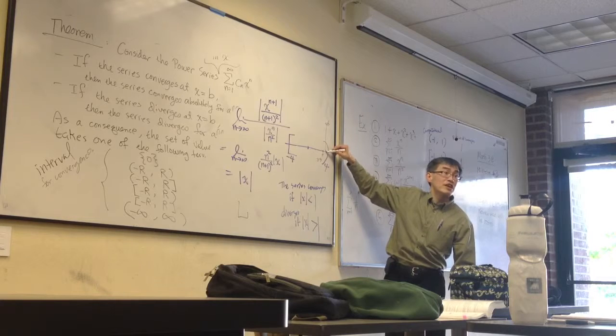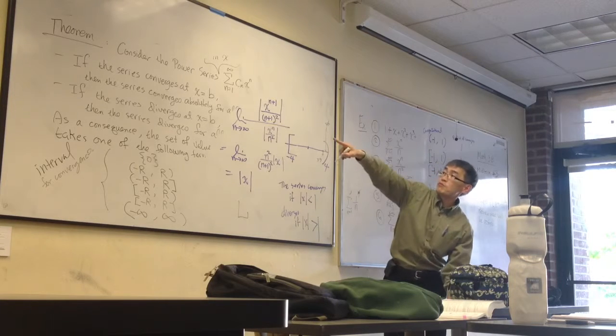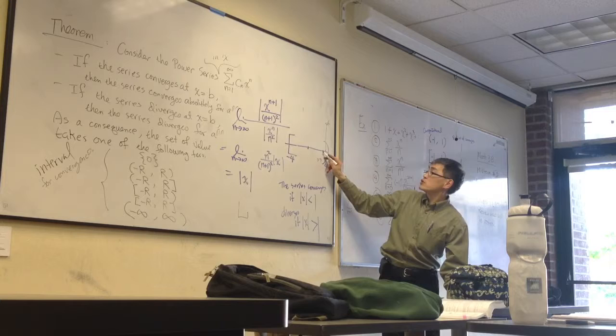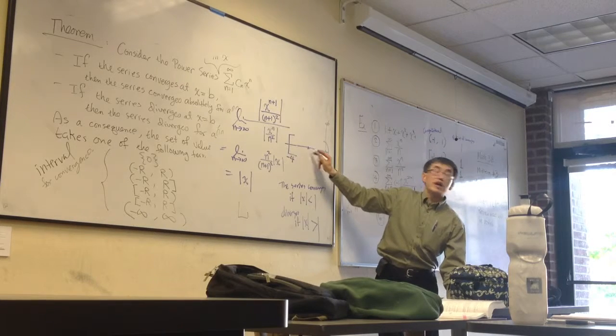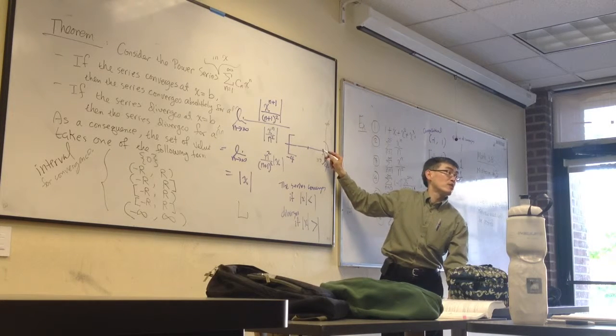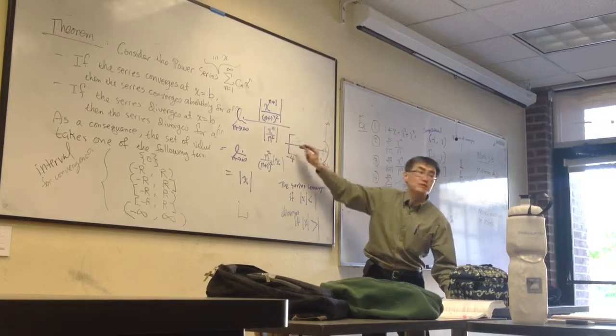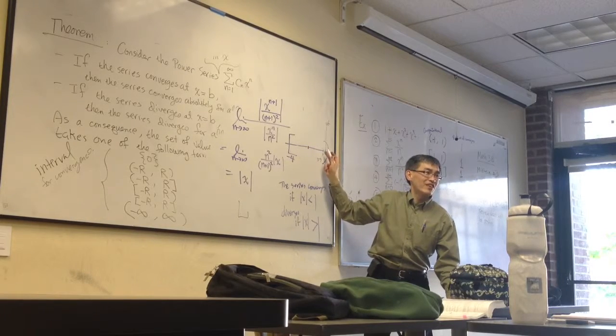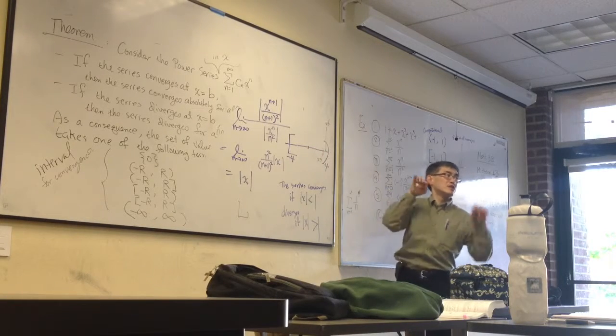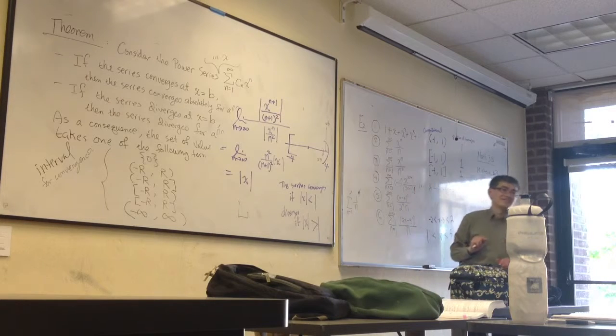So it converges. And therefore, by the first part of the theorem, this one is strictly closer to 0, and therefore this one not only converges, it converges absolutely. See the reasoning? Therefore, everything except possibly the endpoints would cause the series to converge absolutely.